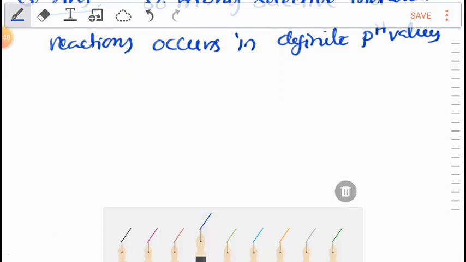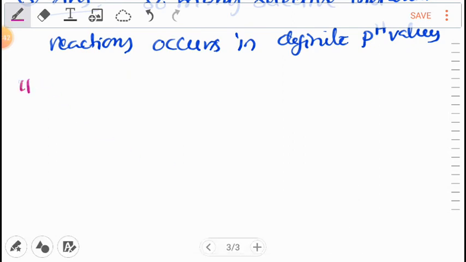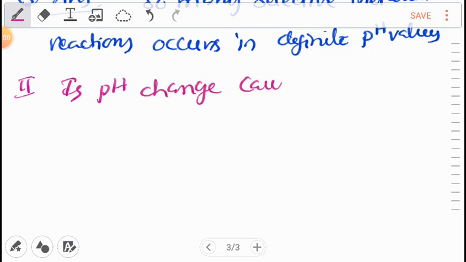And another question I want to ask you: does pH change cause tooth decay?